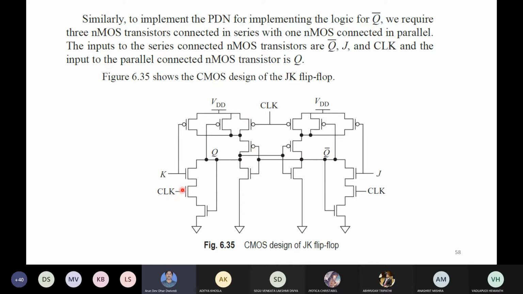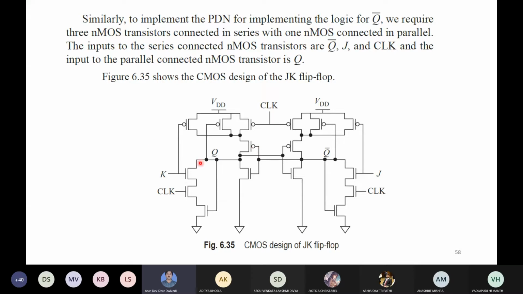So other terms like K, CLK and this Q are implemented in parallel because here they were in series. So this is K and this is Q and this is CLK. So K, Q, CLK are in the pull up network in parallel, and in series with all these. This is another PMOS transistor, to make a dual network.